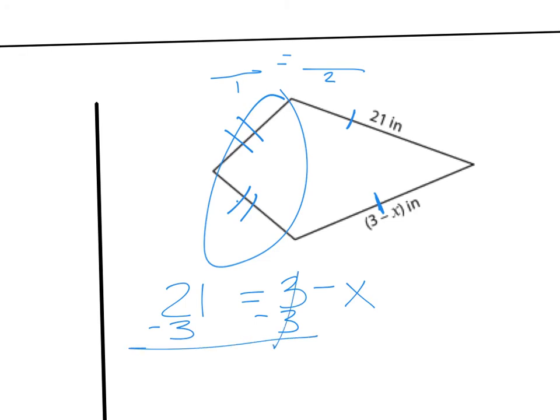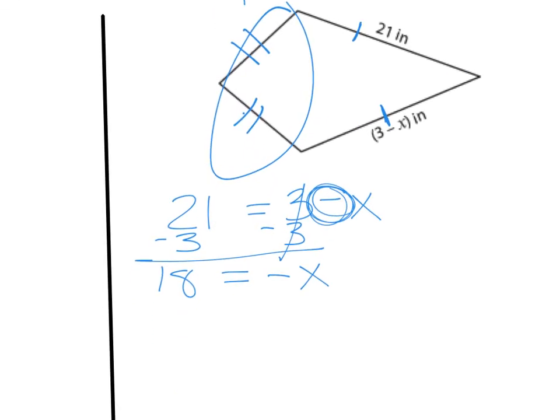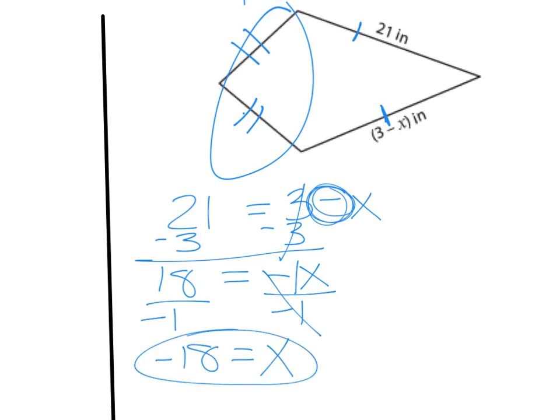So I'm left with 18 equals negative x. So don't forget about this negative that's out front of the x there. All right, and then after that, I'm going to divide both sides by negative 1. Because remember, there's really an invisible 1 there. So I'll be left with x equals negative 18. All right, and that's our value of x.